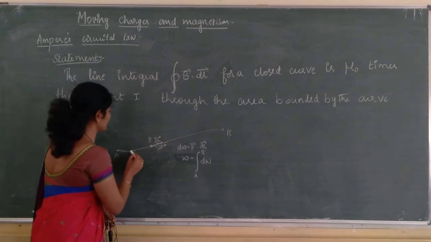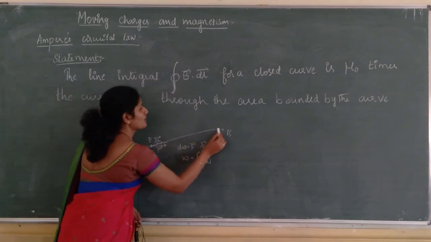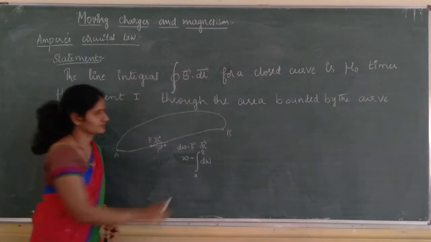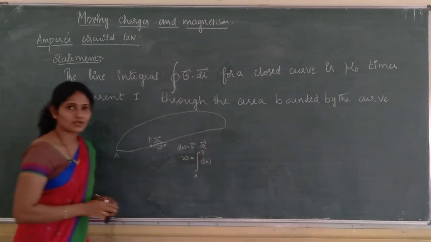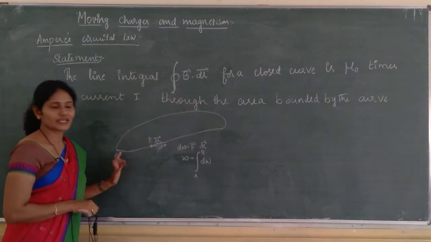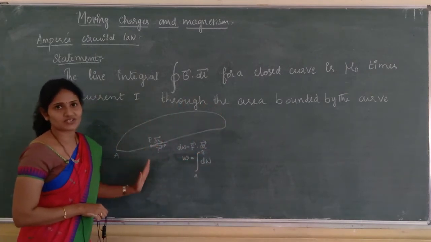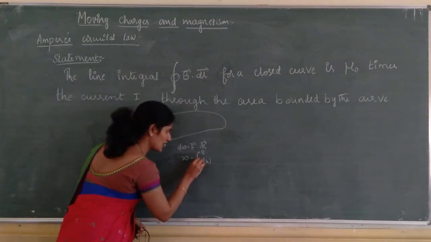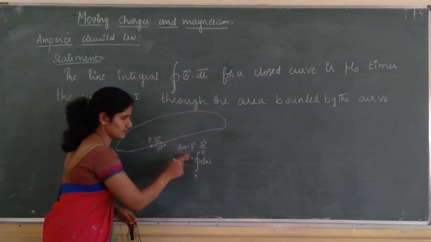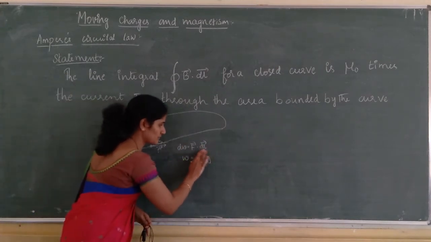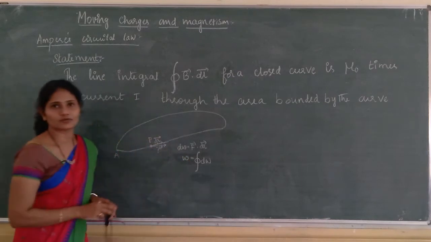Closed line integral means the path is closed, if the path is like this. The initial point is A, and the final point is also A. If the path is closed, then we write the closed line integral. This is the symbol. From A to A, there is no need to write from A to A, so this is enough.